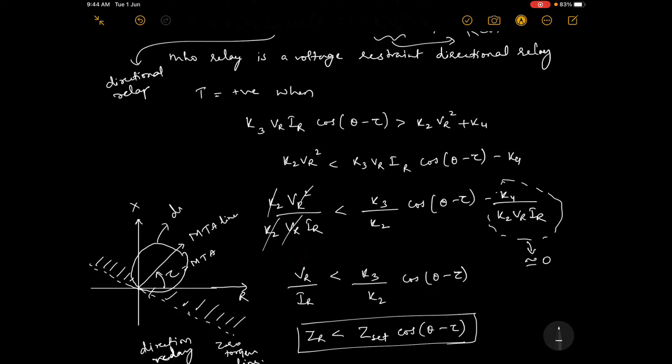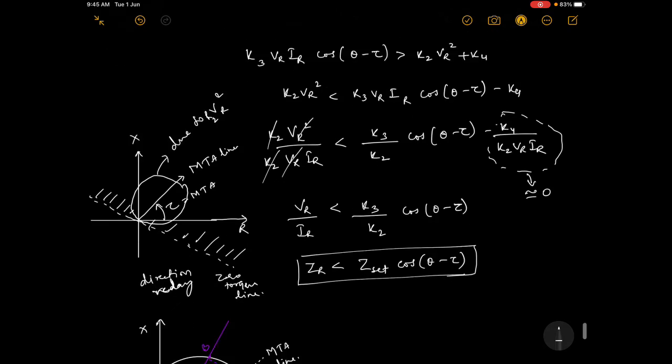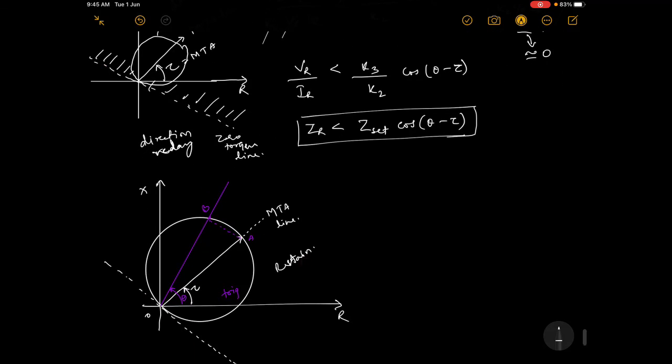This is due to K2 VR square. So that is summarized here. This is our fault characteristic.